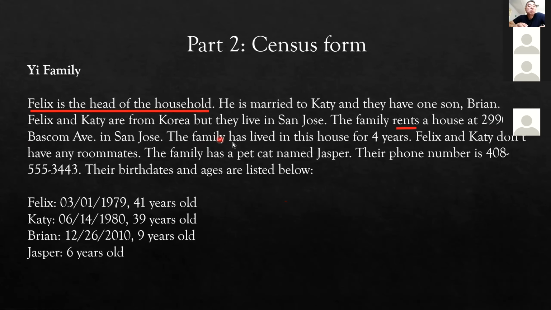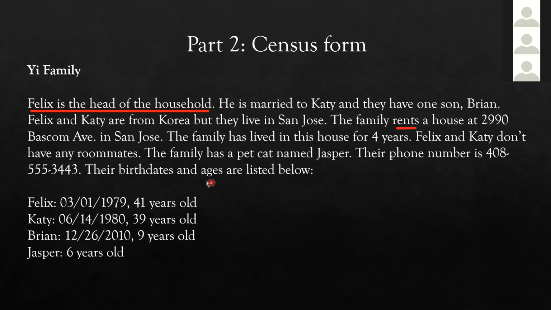The family has lived in this house for 4 years. Felix and Katie don't have any roommates. No roommates, right? The family has a pet cat named Jasper. Their phone number is 408-555-3443.